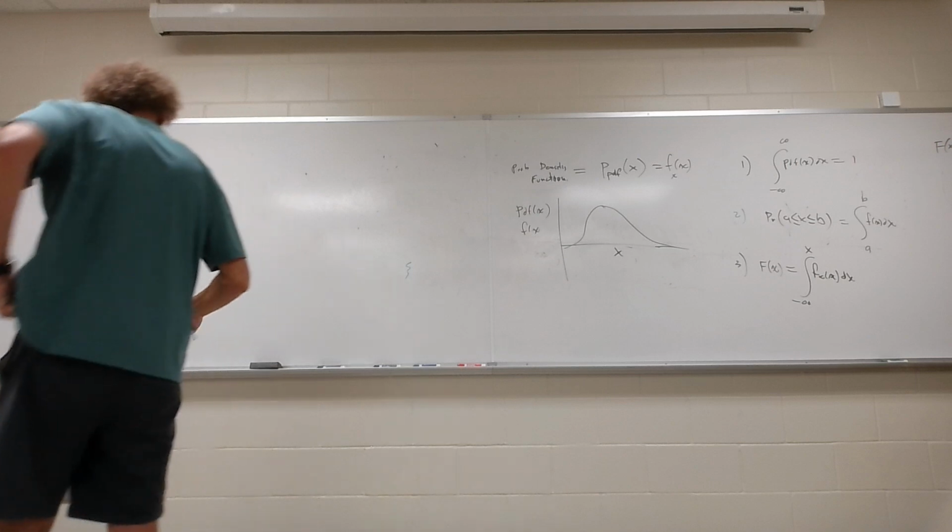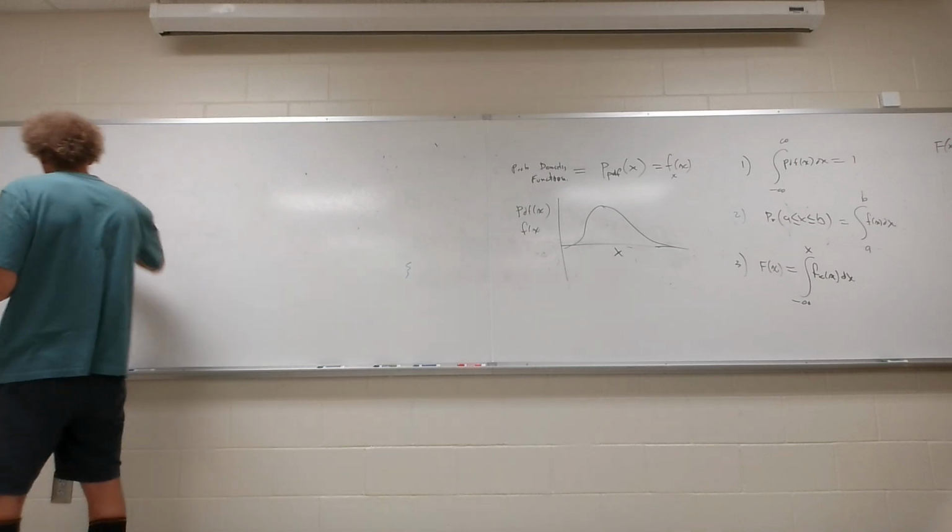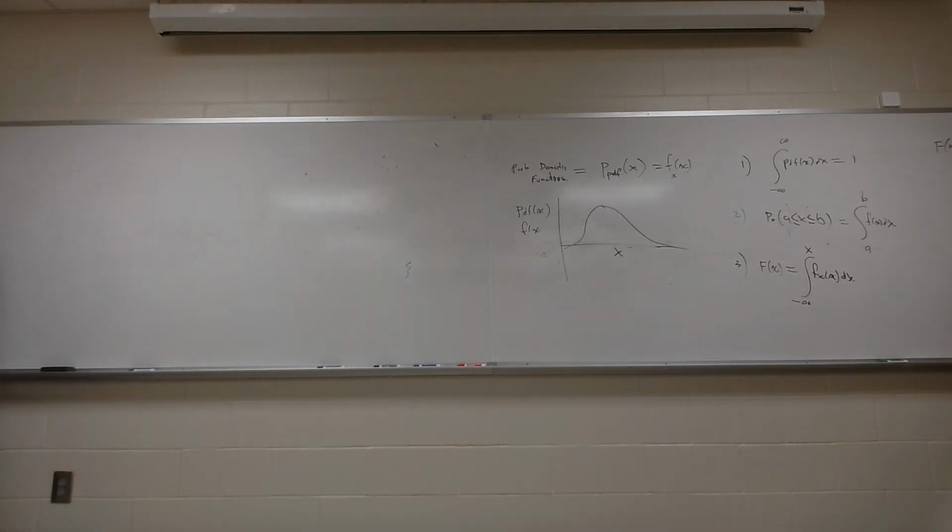Let me get your quiz. So I'm going to say this, and I'm just going to use words to express it, that the probability of something occurring between A and B is constant. Follow me? So I'm going to draw it up here.